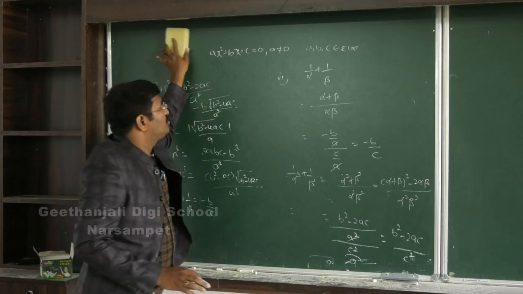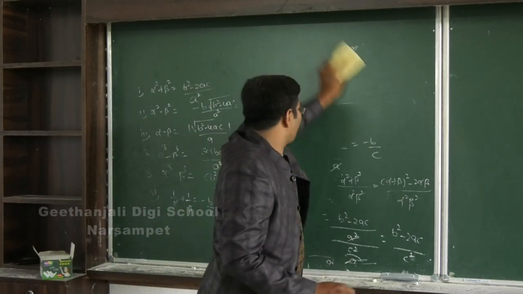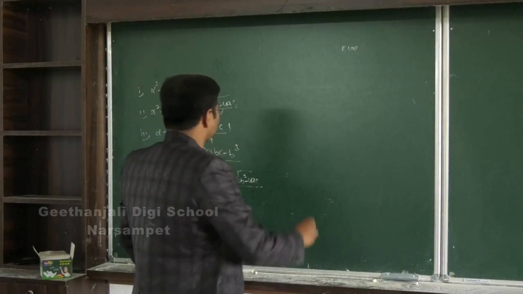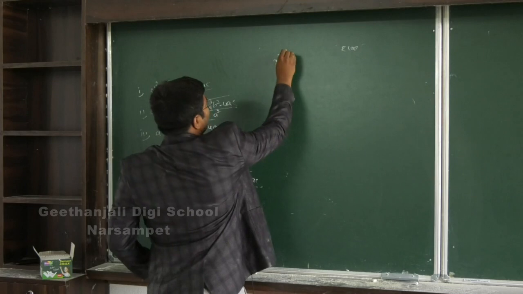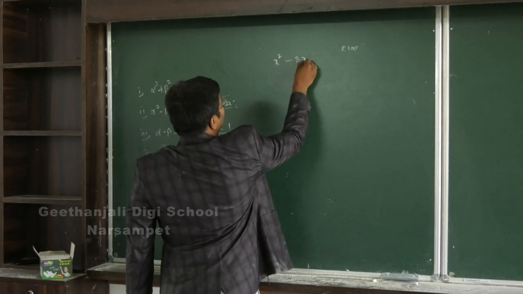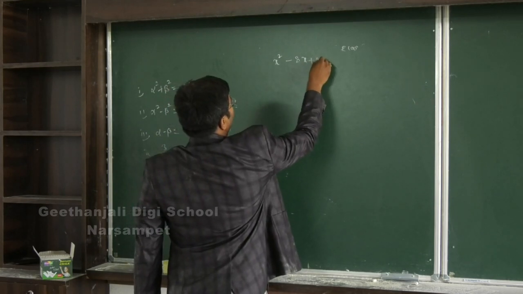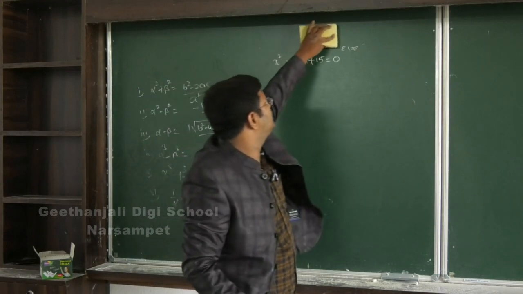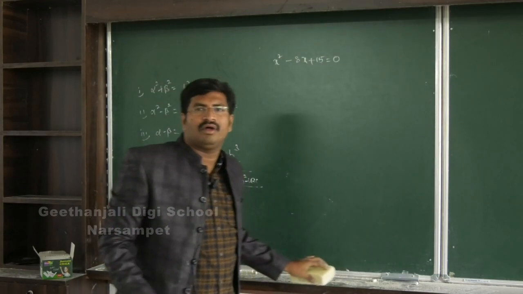We will go through one problem. I will find all the values of this. x square minus 8x plus 15 is equal to 0.